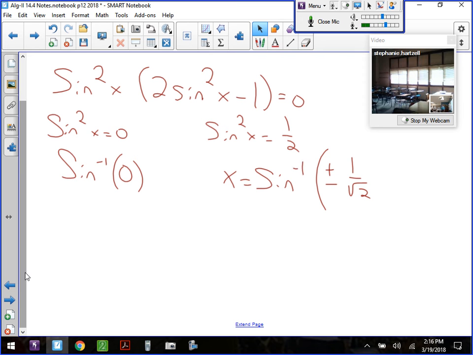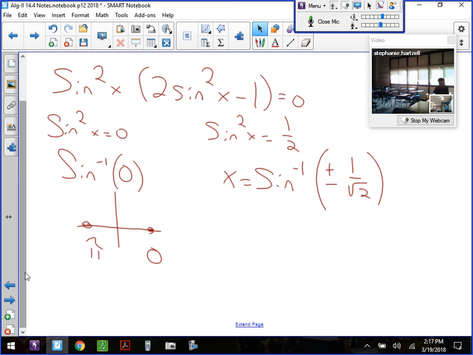And I skipped like 2 steps in the middle of that. So sine being 0 means my y-coordinate is 0. If my y-coordinate is 0, that means my x-coordinate had to be 1 or negative 1. So that occurs at 0 and pi.